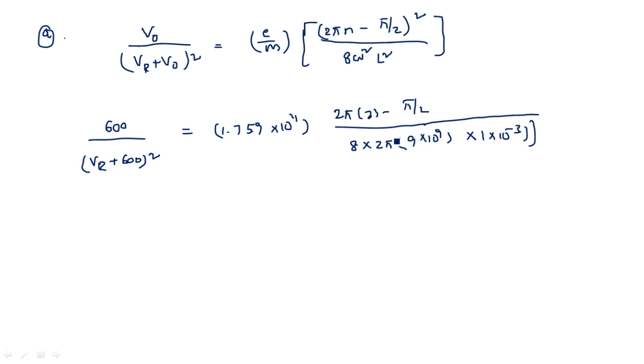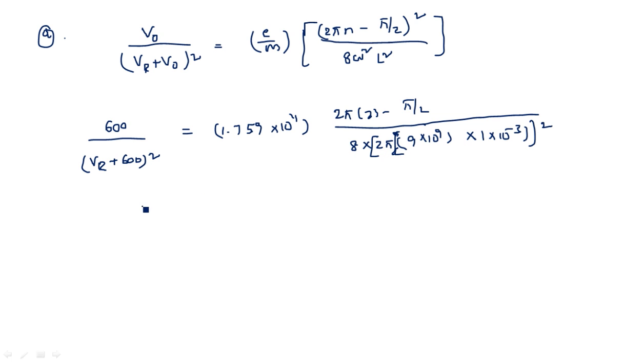Okay, all these together we keep in a bracket. I think 2 pi will also come here. Okay, now it is square.